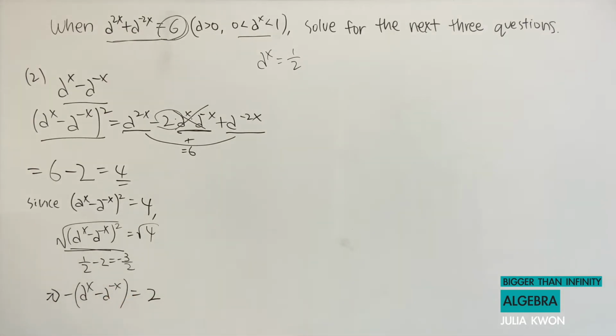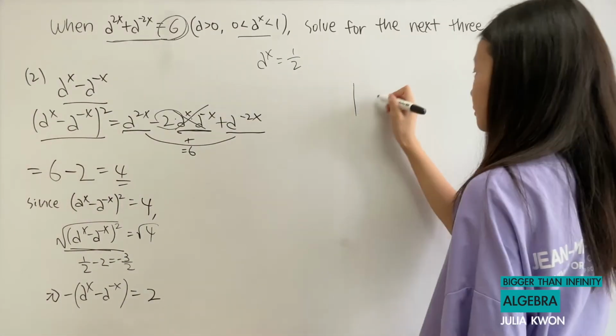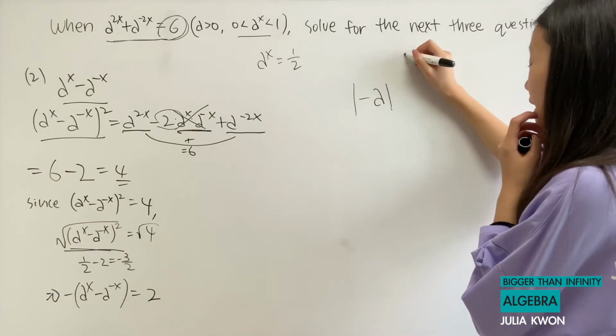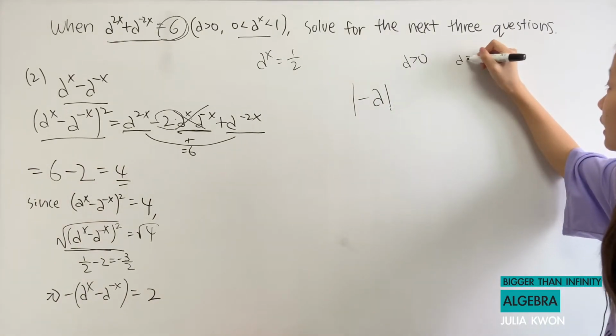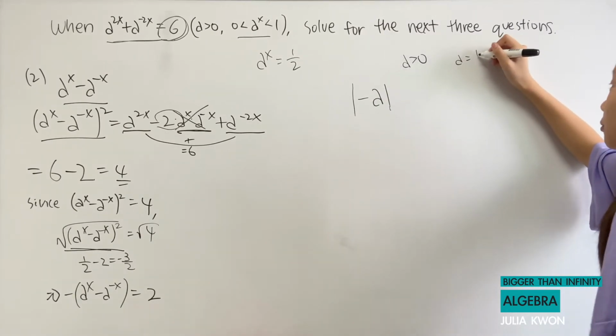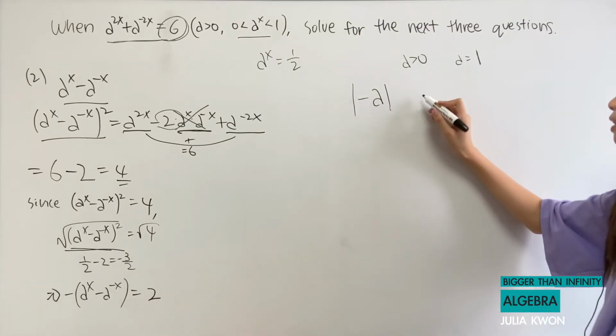This is just like the same rule as we have for absolute values. So if we have, for example, the absolute value of -a, when a is positive, then if we just substitute a as anything that is positive, like 1, that will give us the absolute value of -1, right?